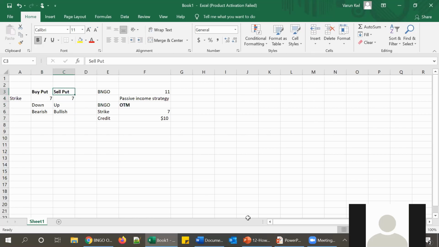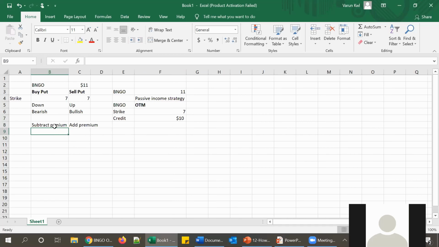Once this is there and Bingo's price is $11, if Bingo does not go below $7, a seller of a put is going to keep the premium: plus premium, add premium, subtract premium. Make sense?